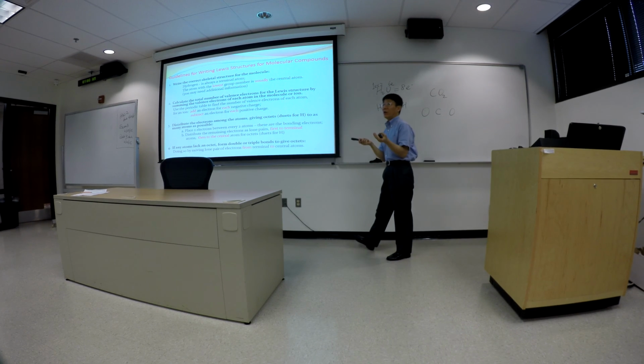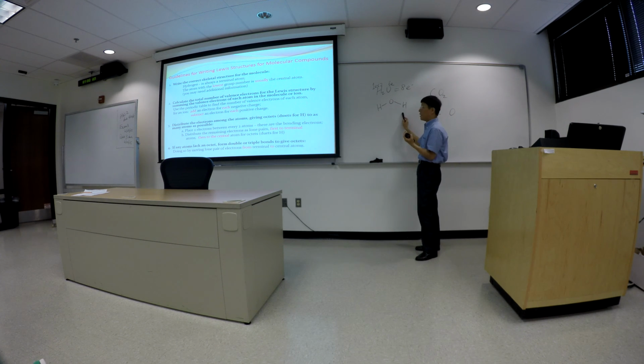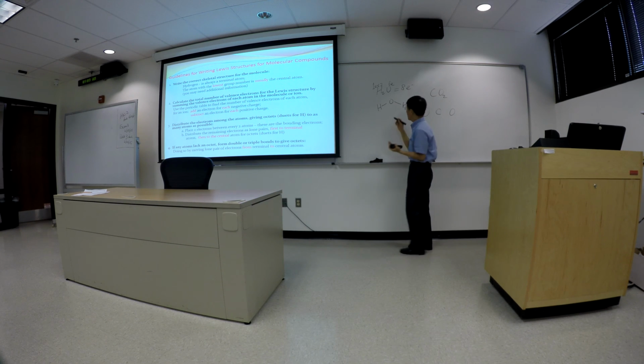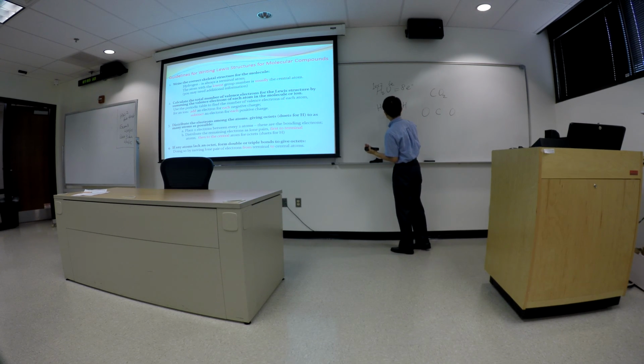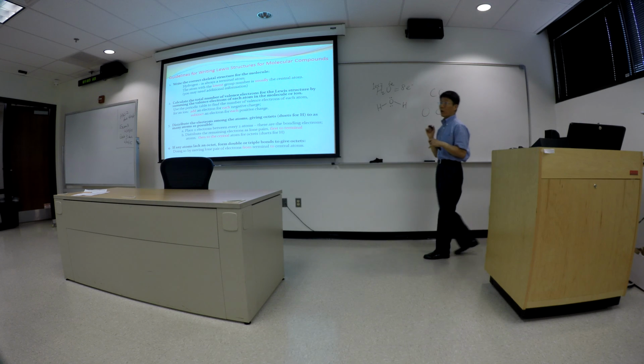When each of the terminal atoms has 8 electrons, then if you still have extra, the electrons will go to the central atom, with the exception of hydrogen. Hydrogen only needs 2. Hydrogen has 2. So you have 4 more electrons left over. Well, oxygen only has 4. Oxygen needs 8. We put those electrons on oxygen. These are what we call the lone pair electrons. They are not used for bonding with hydrogen atoms. They reside right on the oxygen atom. So this would be the Lewis structure for water.